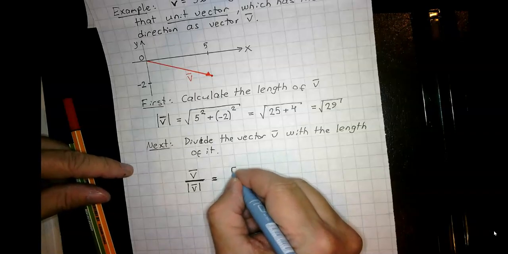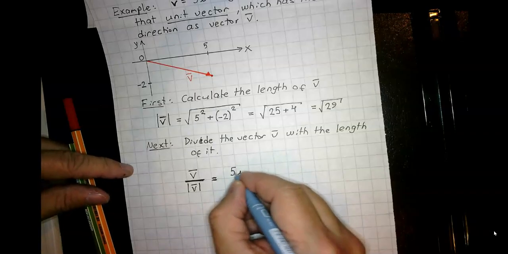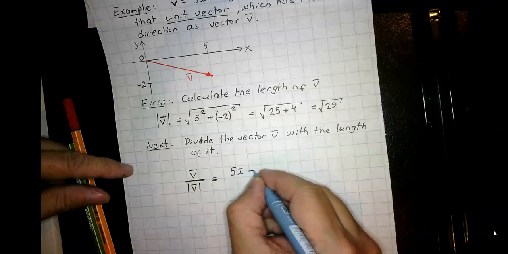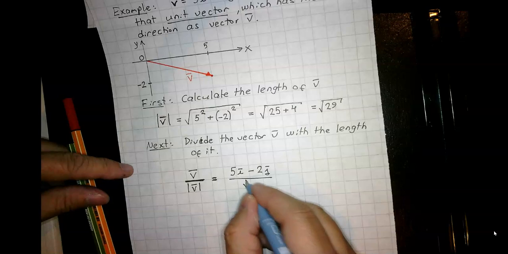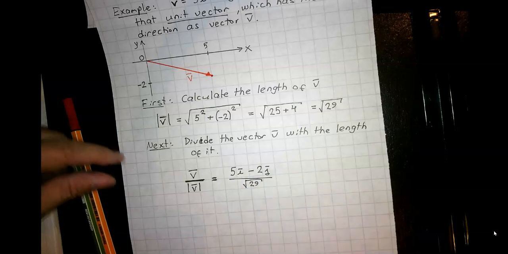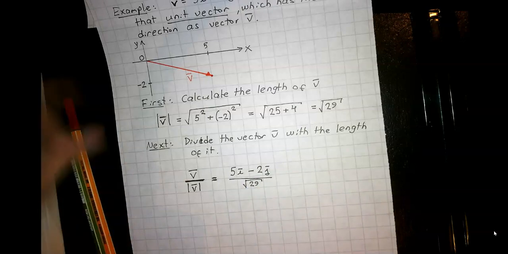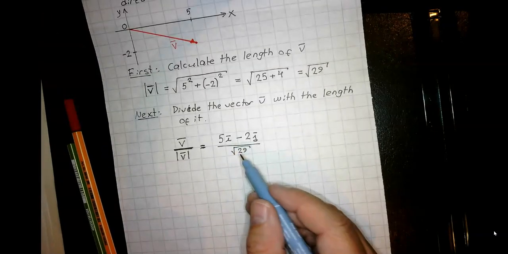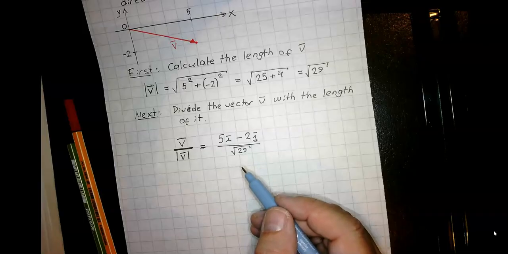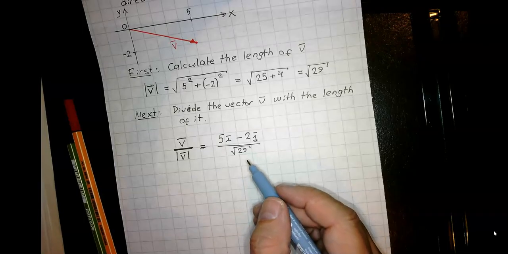So we will divide 5i minus 2j by square root of 29. Well, this is exactly the same as if we had a simple algebraic expression here.